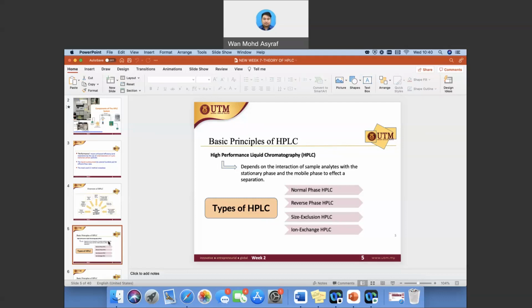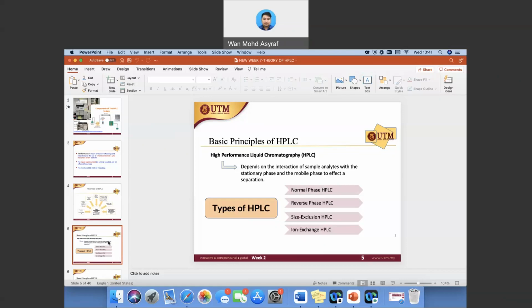So that is how you look at this. If you want to spend more time inside the column, then you would interact more with the column. Then you would not follow the mobile phase as fast as possible. But if you don't have an interaction with the stationary phase, then you would just elute out with the mobile phase at the end. You are not having any interaction with any of the stationary phase. So that's how the separation happens.